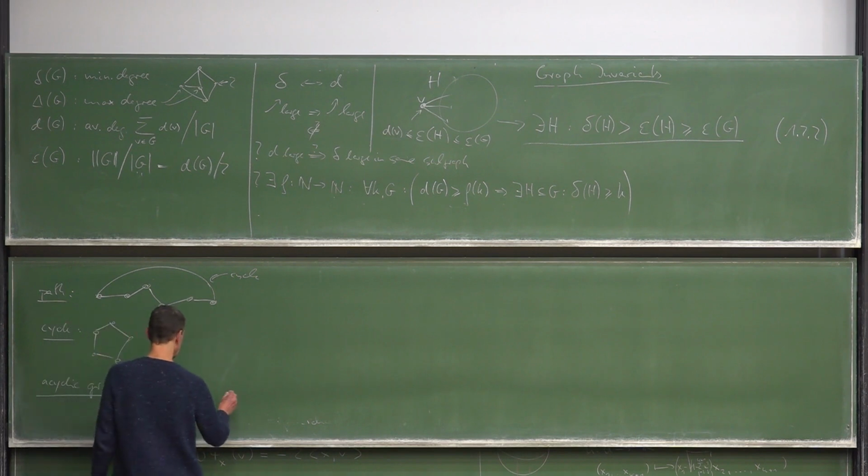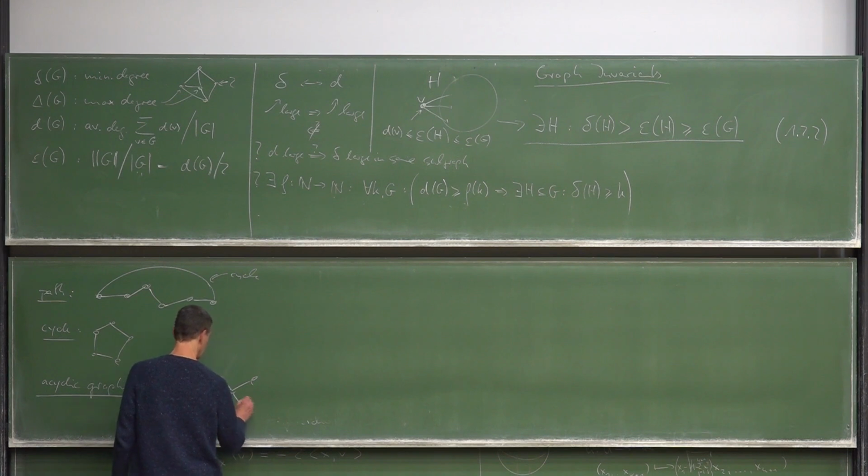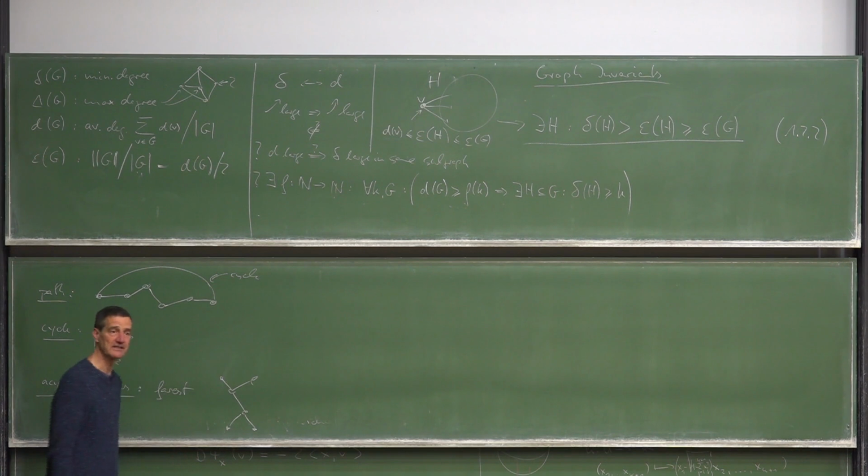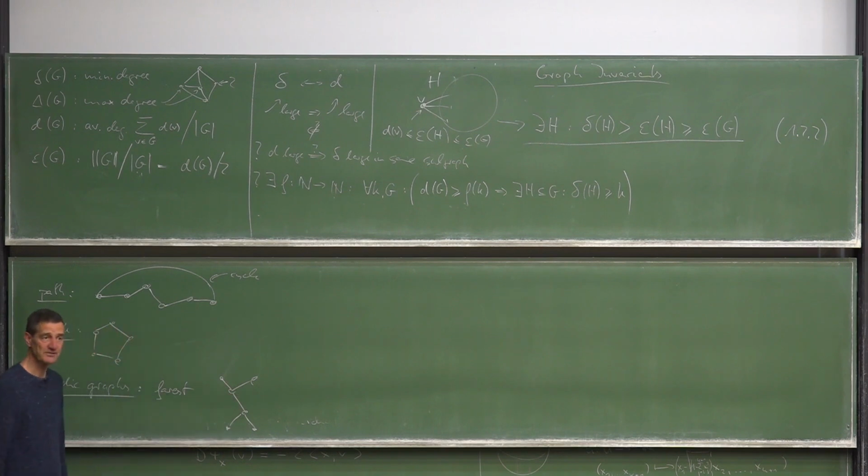What's a typical acyclic graph? Well, something like this. There's no cycle here. It isn't a path, but still there's no cycle. Yeah, that you would more likely describe as a tree.